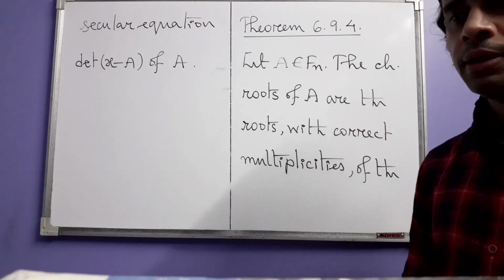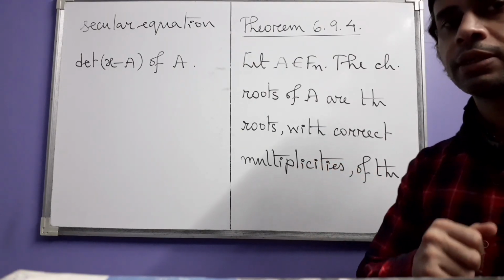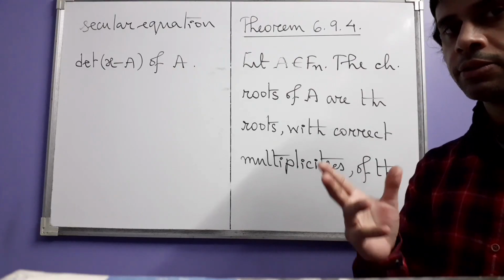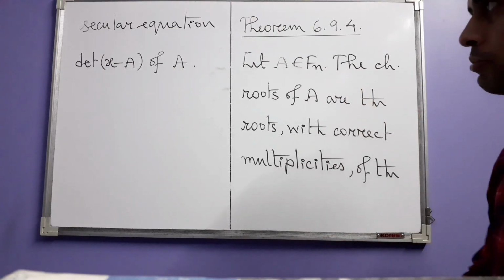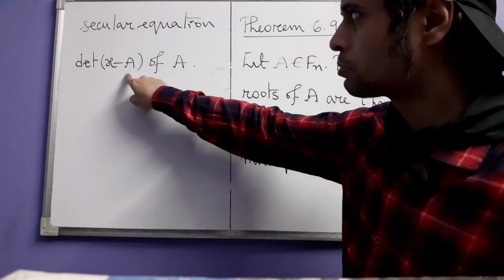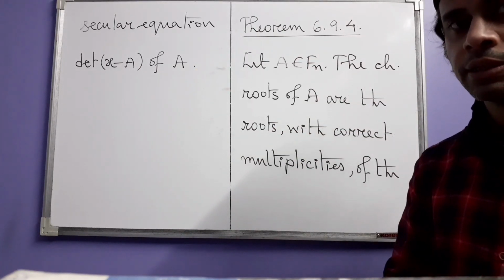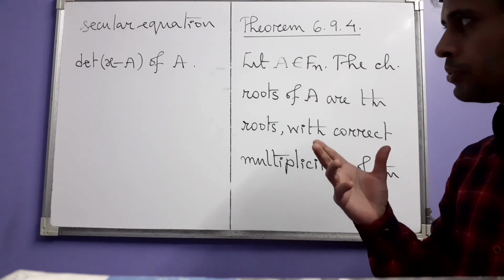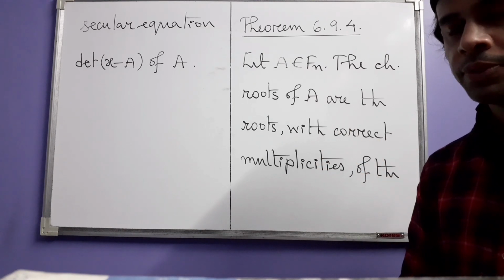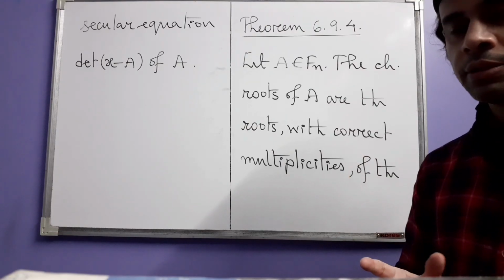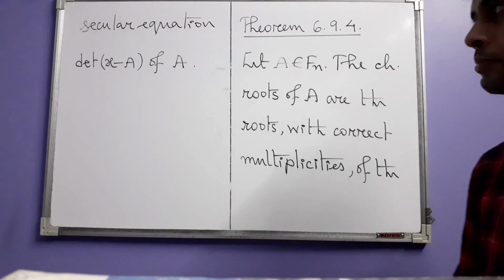And in fact, this is what you have used countless times to calculate characteristic roots of actual concrete matrices. If you equate this polynomial to 0, you get an equation, really, and that equation is solved for finding the characteristic roots. And that equation you have called somewhere the characteristic equation of a matrix.